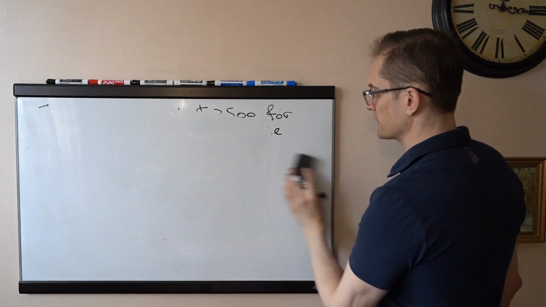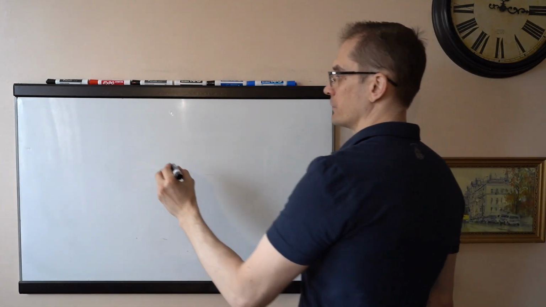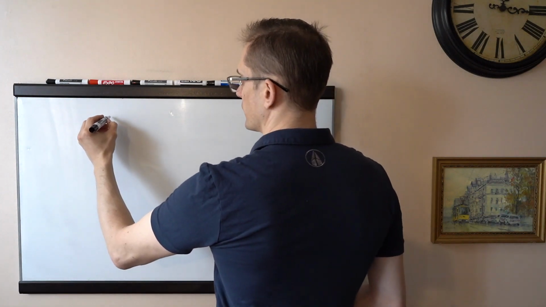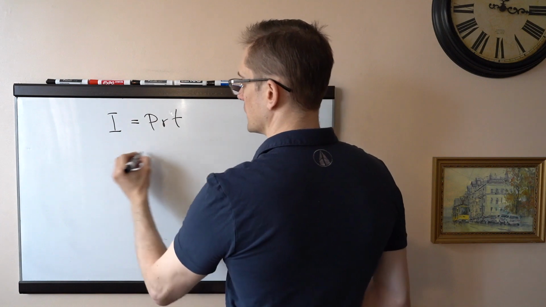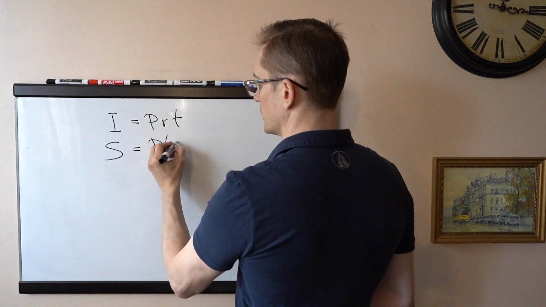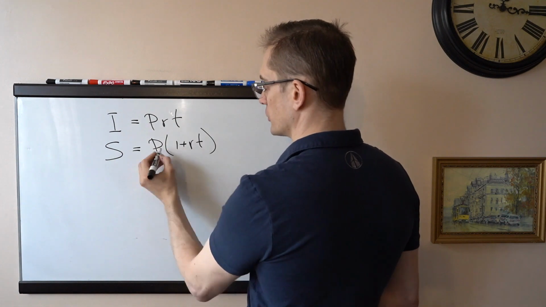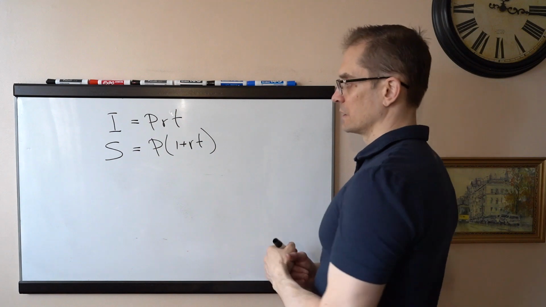Which brings us to a review of the formulas we have done so far. We now have the following formulas. Interest is PRT. Simple future value is principal times 1 plus RT, so you increase the principal by that prorated rate.